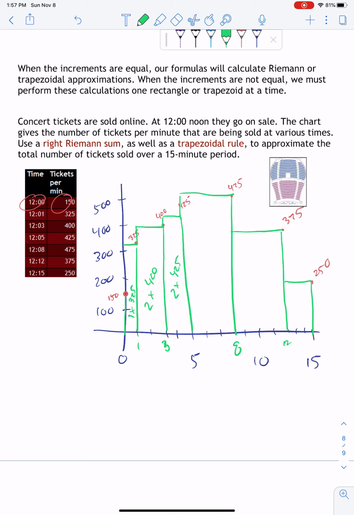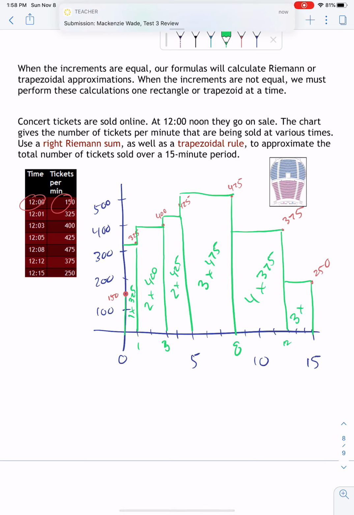My fourth rectangle is 3 wide. It goes from 5 to 8. And it's also 475 tall. My fifth rectangle goes from 8 to 12. So it's 4 wide, and I'm at 375. And from 12 to 15, that's 3 wide, and I go up to 250.